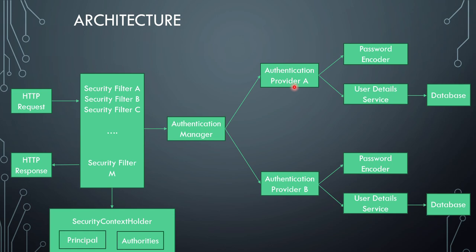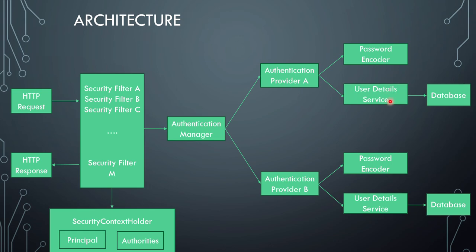If any LDAP user is trying to authenticate, we can use the LDAP authentication provider to validate it. There is also a JWT authentication provider, used for validating the JWT tokens of the user. Apart from these three, we can also implement a custom authentication provider with specific logic.